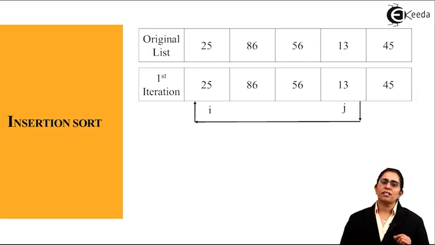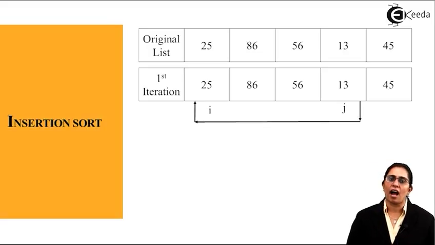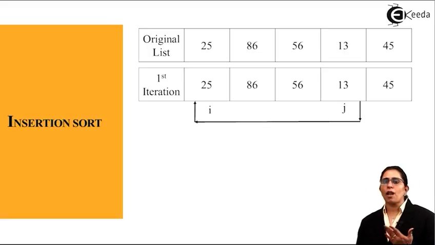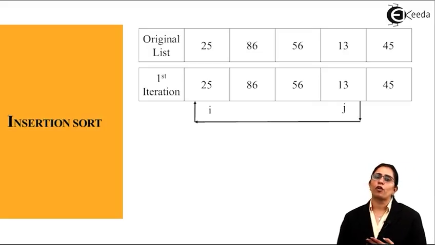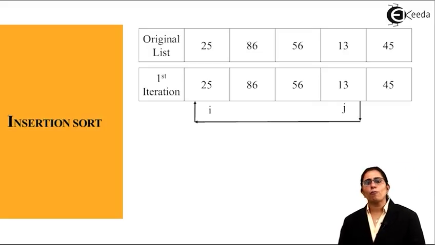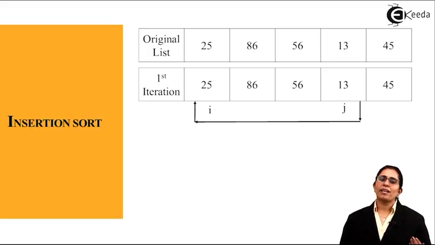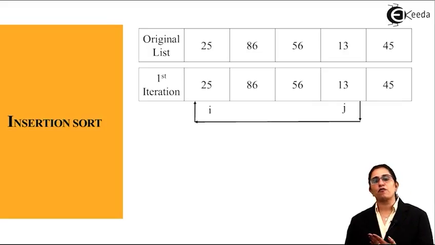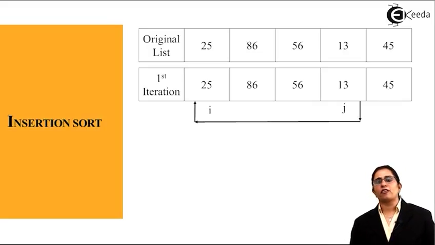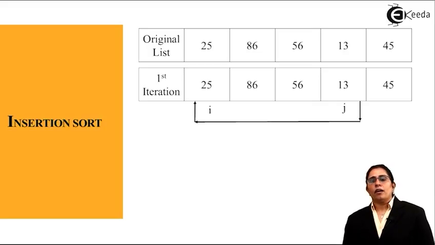A very simple example of this is, if a person is having a deck of cards in the hand with the same numbers 25, 86, 56, 13 and 45. So we have to remove the card 13 from its location and place it first. So what will happen? All my other cards will be shifted to their respective positions, that is one element to their right.